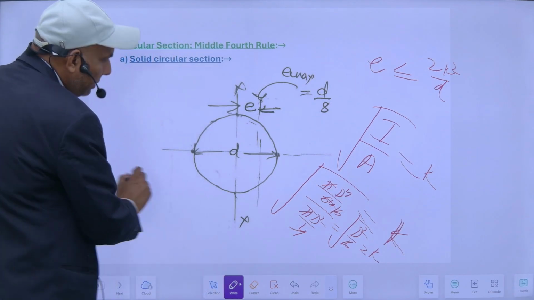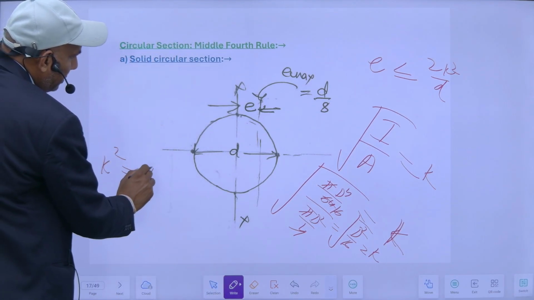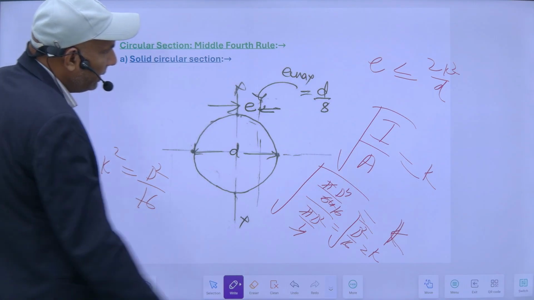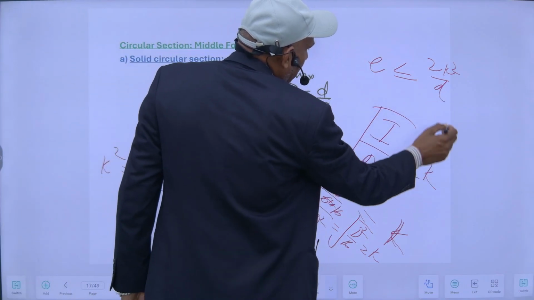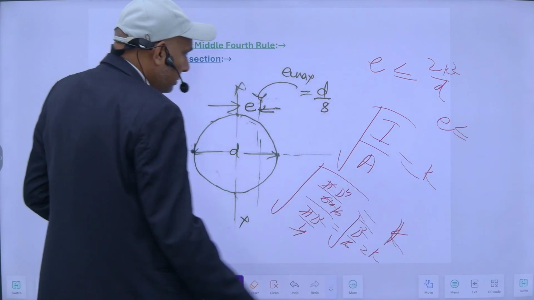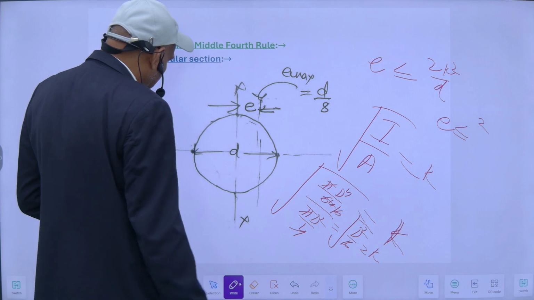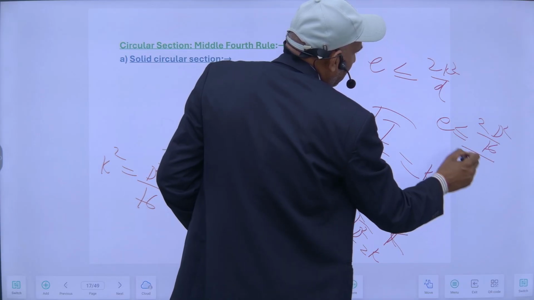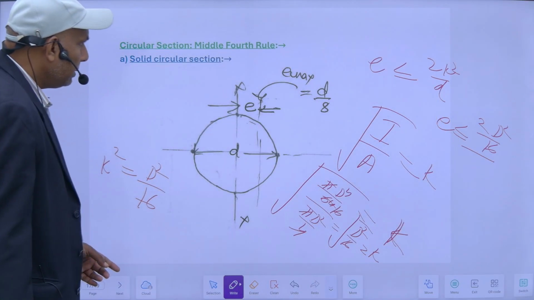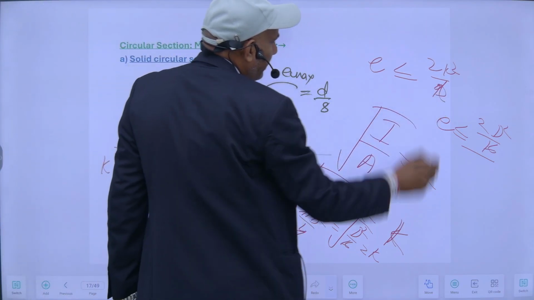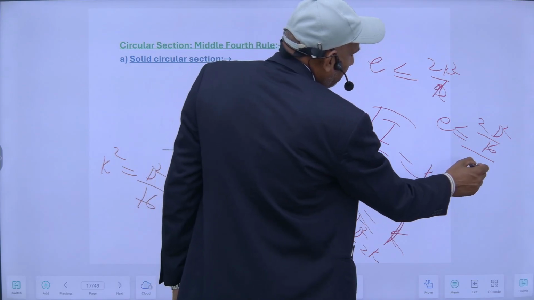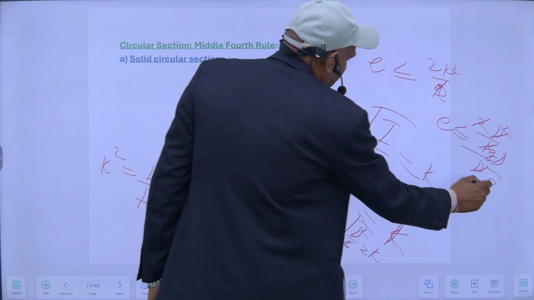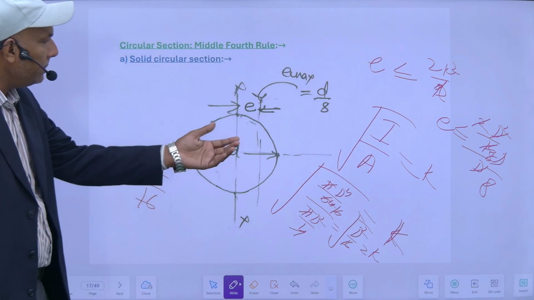So K square will be equal to D square upon 16. If I put this value here, in place of K square it will be D square upon 16, divided by this D, so E is 2 times that, which becomes D by 8.